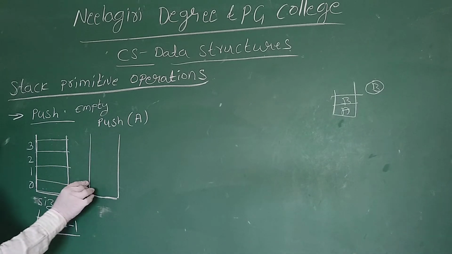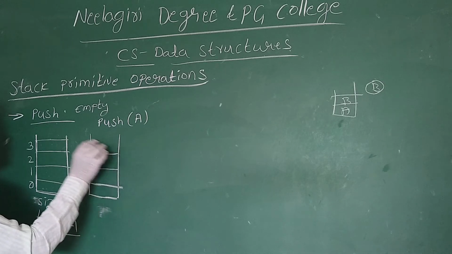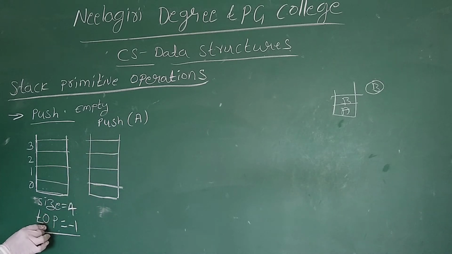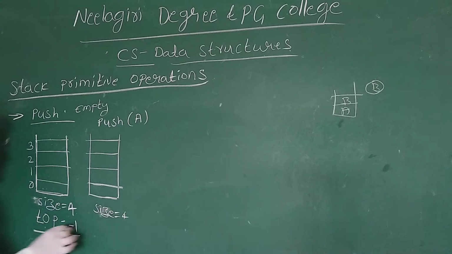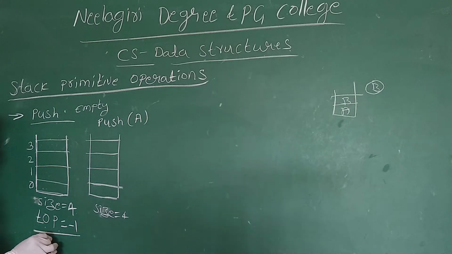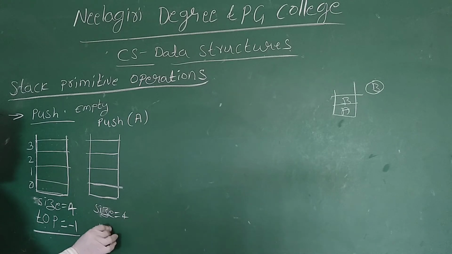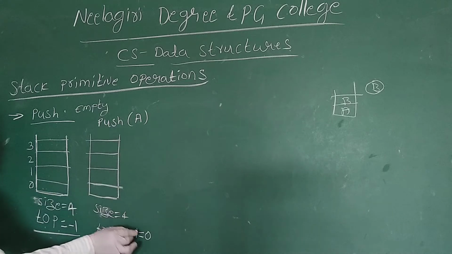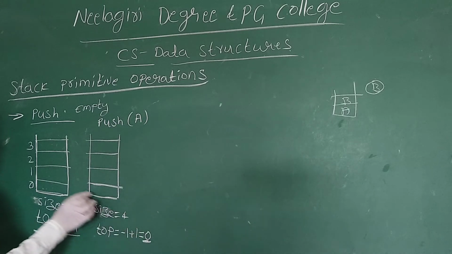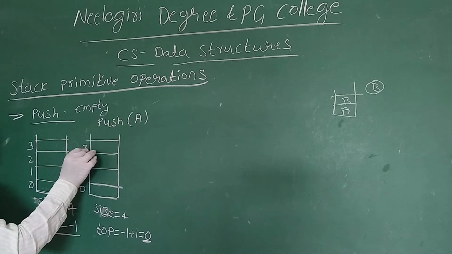First, we have to increment the top value. Size is 4 only. Top value increment, minus 1 plus 1 is equal to 0. Now insert this new element at the 0th location. This is 0, 1, 2, 3. A.